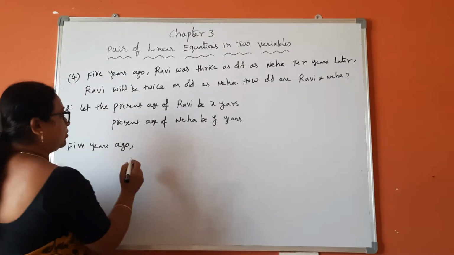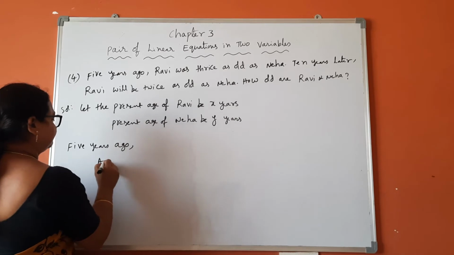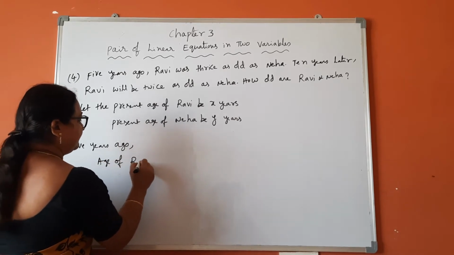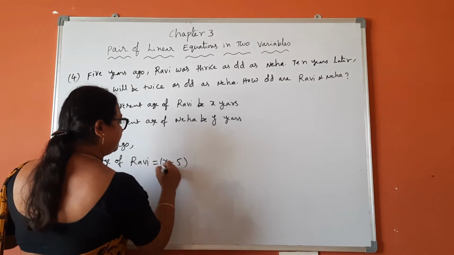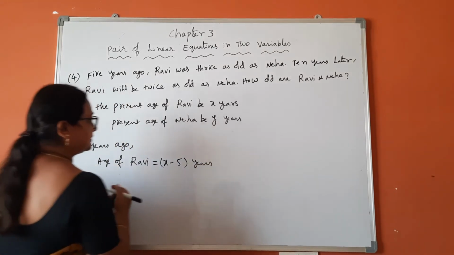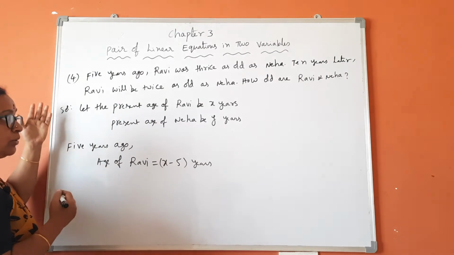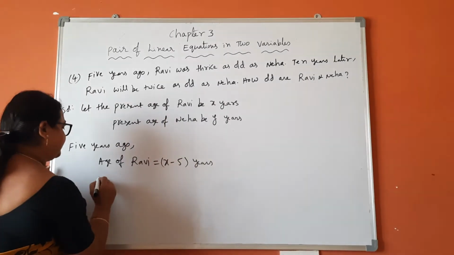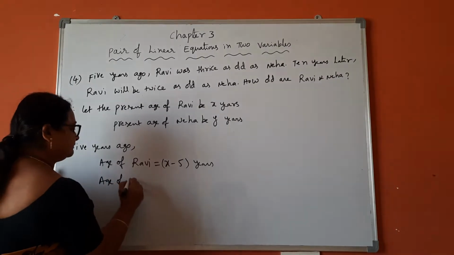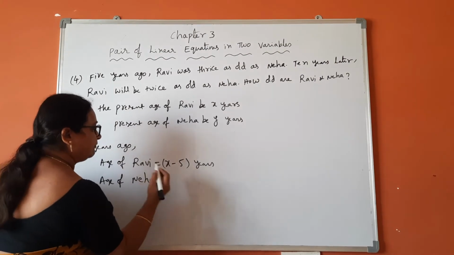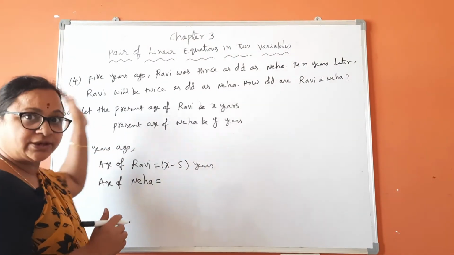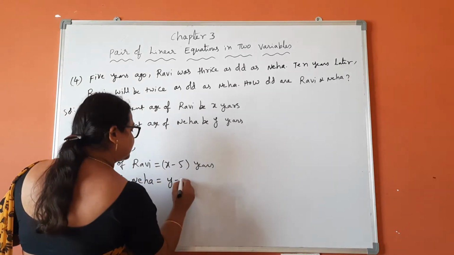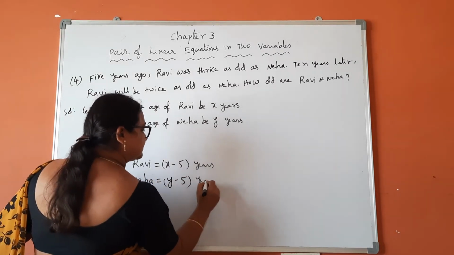So 5 years ago, Neha's age, present age of Neha is Y years. So 5 years ago, Y minus 5 years.